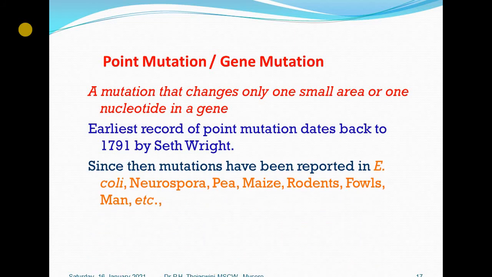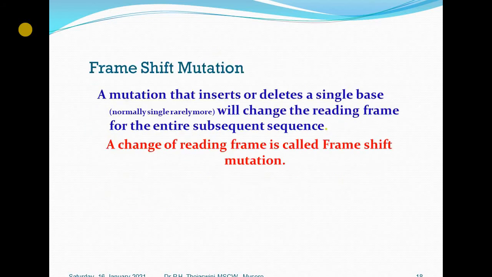Since then, many mutations have been reported in E. coli, Neurospora, pea, maize, rodents, fowls, man, etc. The other molecular mechanism which is involved is frameshift mutation. In frameshift mutation, there will be a change in the reading frame of the mRNA because of the mutation which has taken place in the genome.